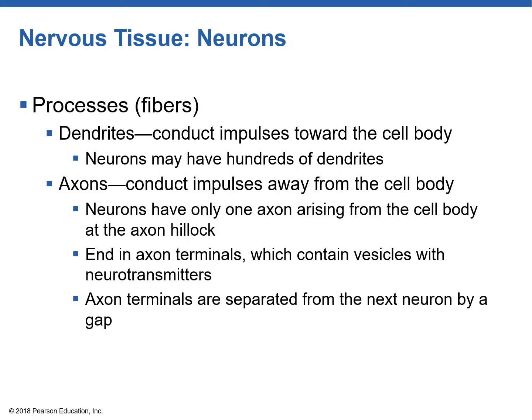The axon is going to end in axon terminals, which contain those vesicles with neurotransmitters. And then the axon terminals are going to be separated from the next neuron by a gap. And again, that is known as the synaptic cleft. So it's just a small space that separates the axon terminal of one neuron from the next cell in this network, basically.